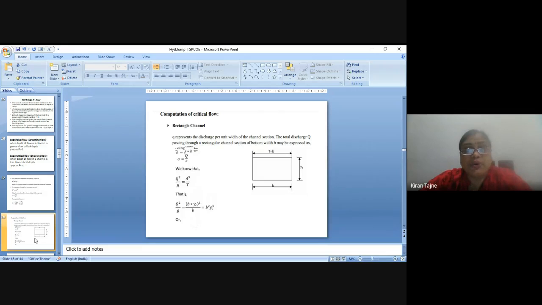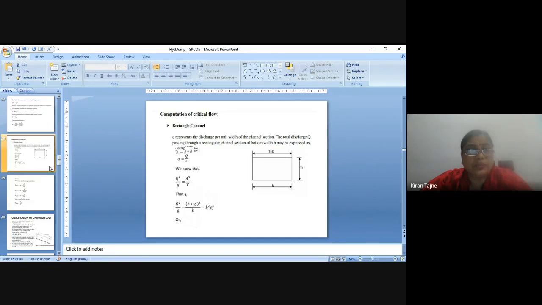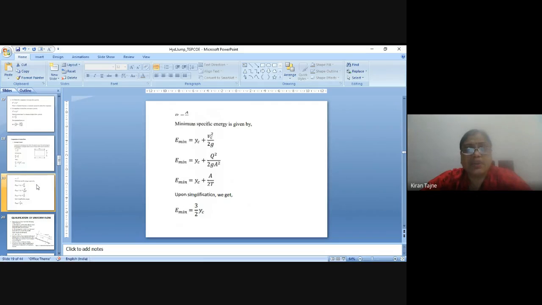The critical flow is calculated here for a rectangular channel, which is one of the cases I have taken. For a rectangular channel, the minimum specific energy is 3 by 2 Yc, where Yc is the critical depth.